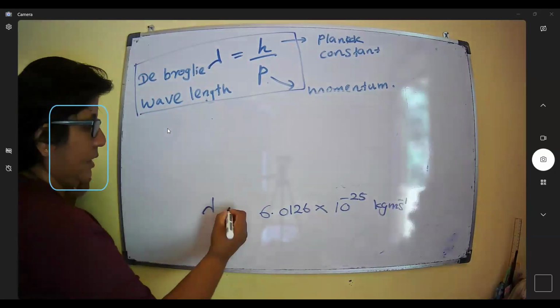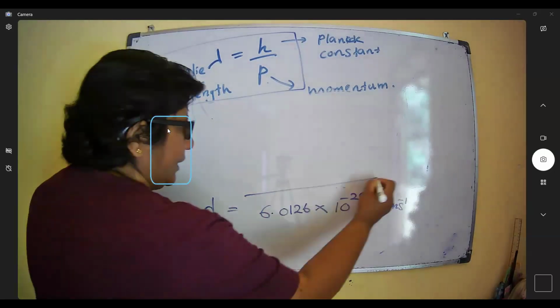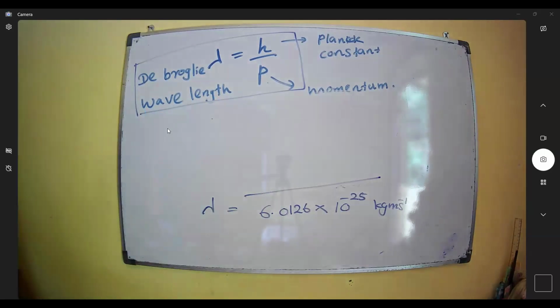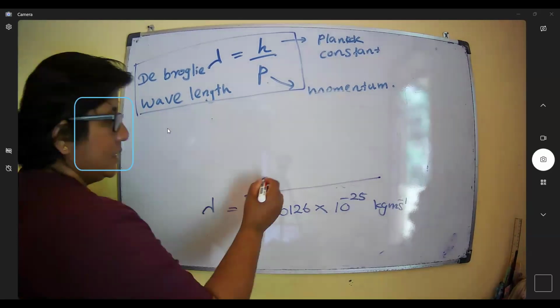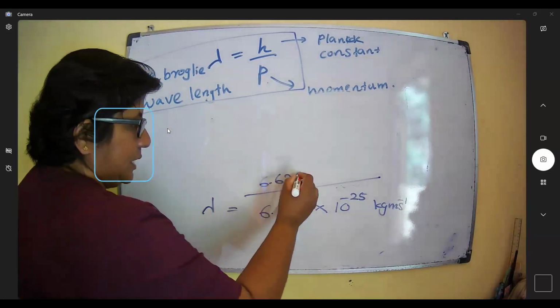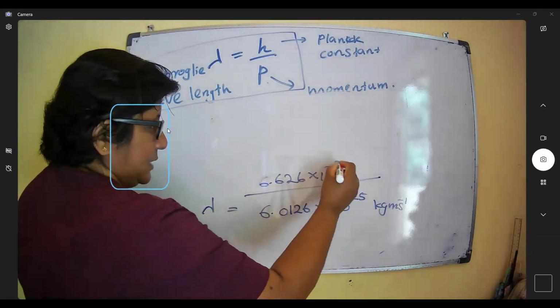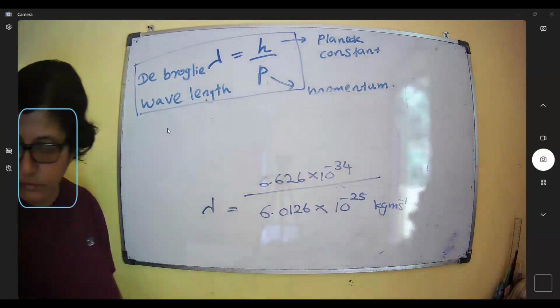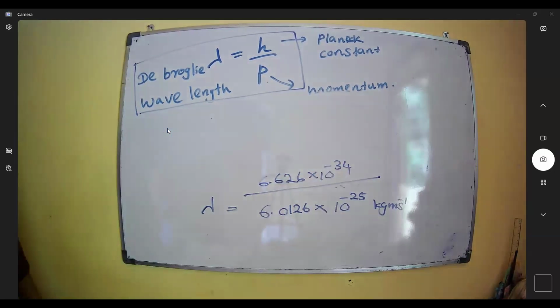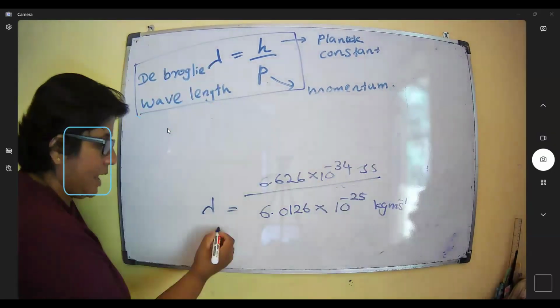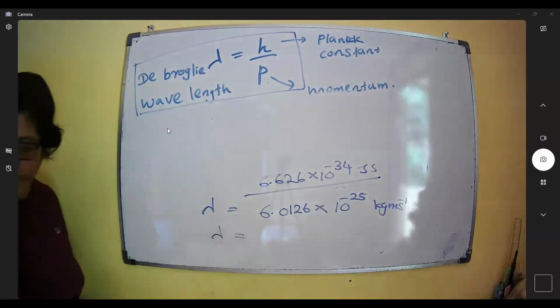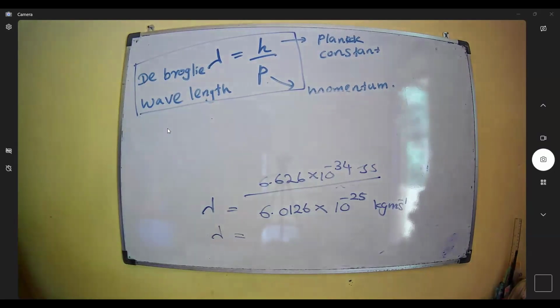Lambda is equal to h over p. The h value is the Planck constant, 6.626 × 10^-34 joule second. Then lambda is equal, and you can calculate and check with my answer.